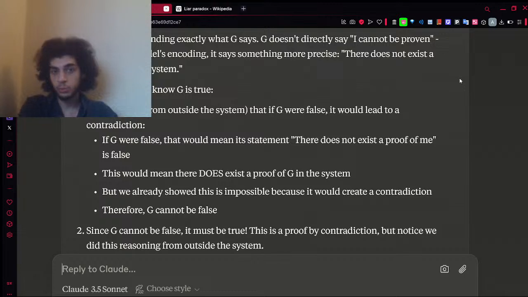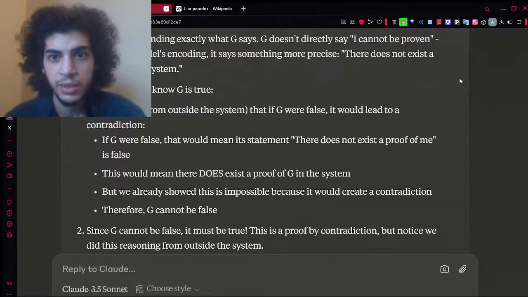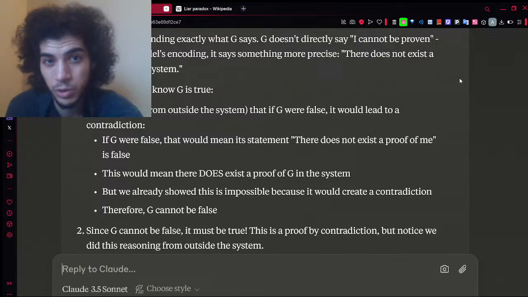It has to be true, right? Because if it were false, there would be a proof of it in the system, and if there is a proof of it, then it is true, and it would be false and true at the same time, which doesn't make sense.